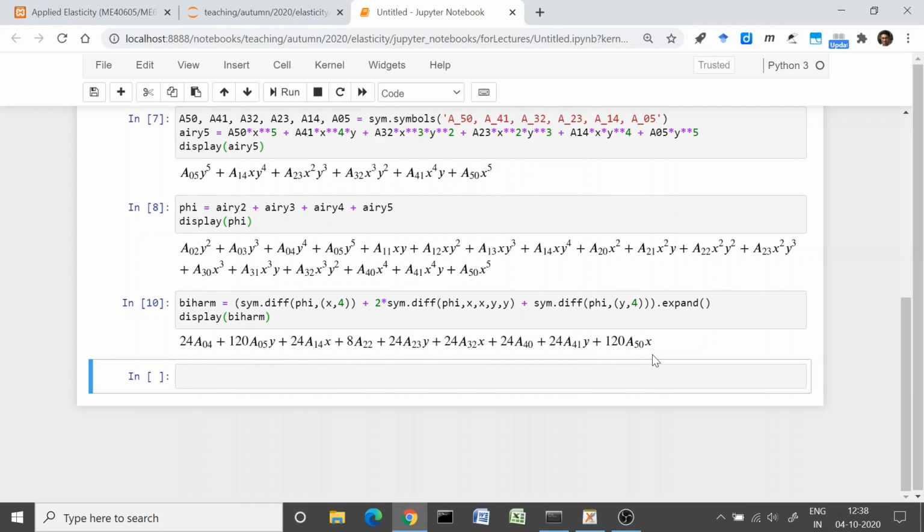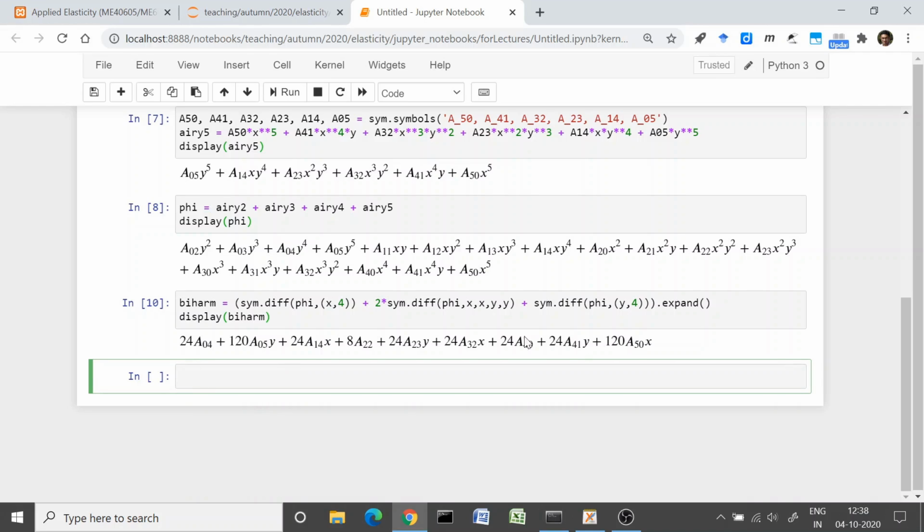Now, if I set this to 0, because that's the requirement, that the biharmonic of phi should be equal to 0, that can be equal to 0 only if individually the coefficients of x, the coefficients of y, and all the constant terms are 0. So let's see if we can do that. We'll need to set up 3 equations to satisfy this.